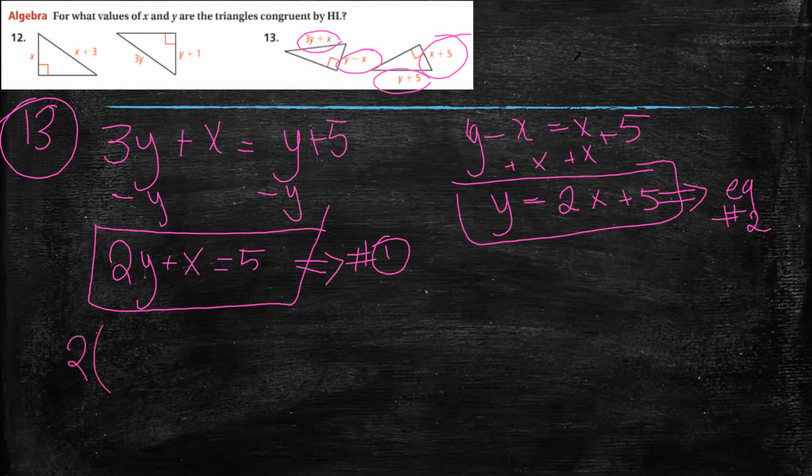So 2y plus x equal 5 is equation number 1. Is it right?